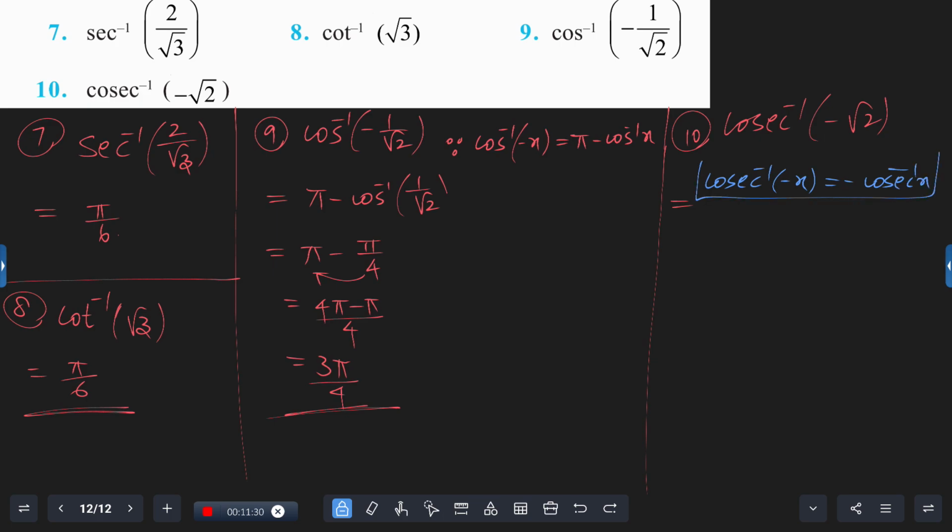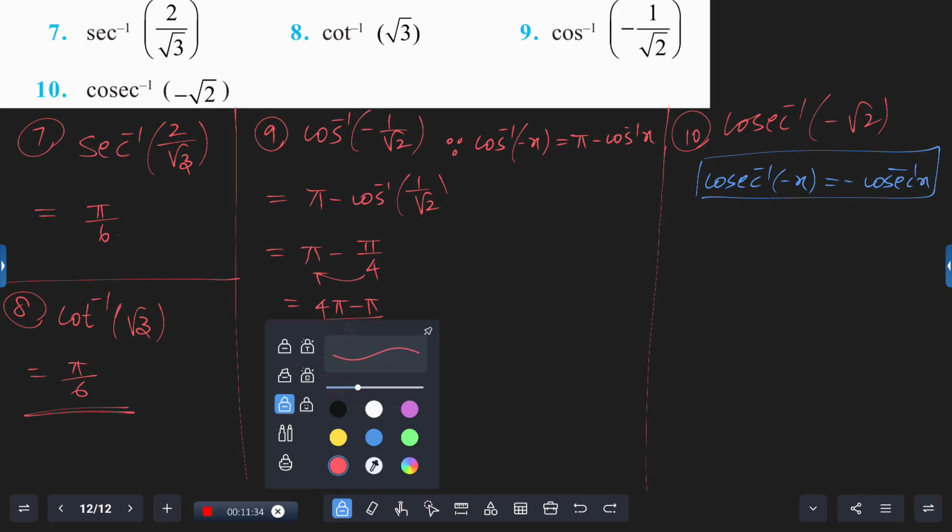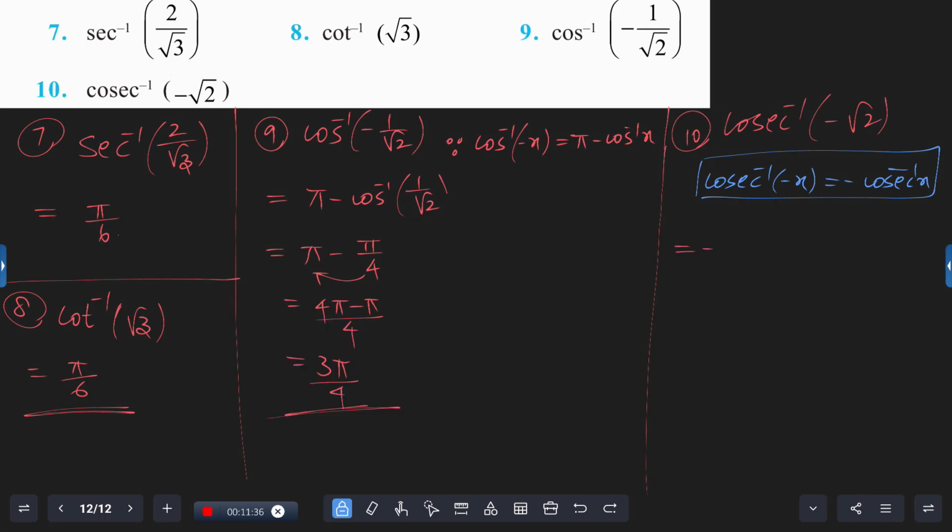So what value will you get here? Minus cosecant inverse root 2. Where will you get root 2? 45, which means pi by 4. Again I am telling you, you have to read the trigonometric table. We have it from 11th standard, so you have to recall that. Understand? Right.